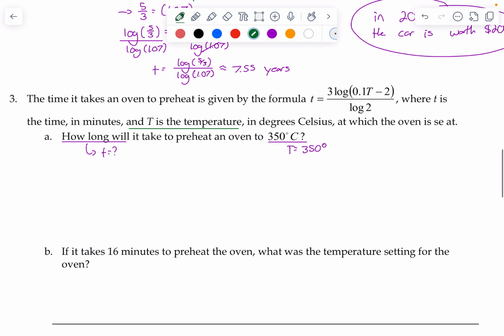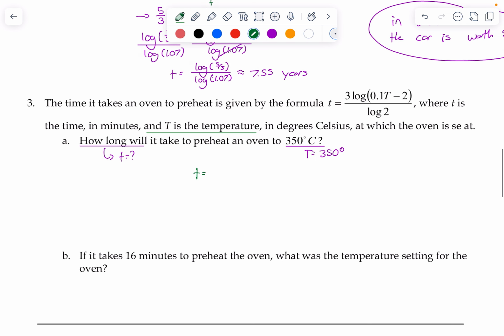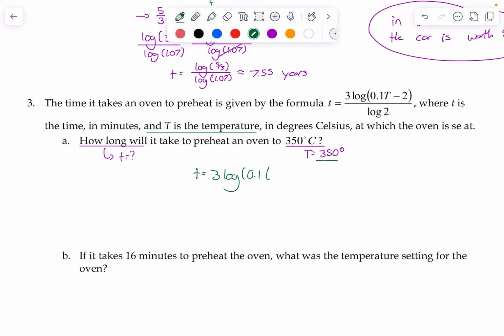We have little t equaling 3 log 0.1, and big T, it told us it was in Celsius, so we can literally just directly substitute that in. So 350 minus 2 all over log 2.